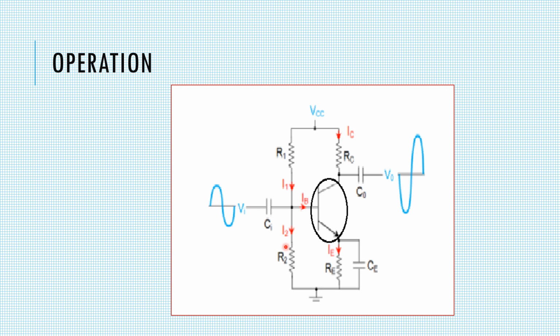This leads to an increase in flow of current from the emitter to the collector through the base, and hence this collector current increases. The increasing collector current makes more voltage drop across the collector load resistor, that is this RC.